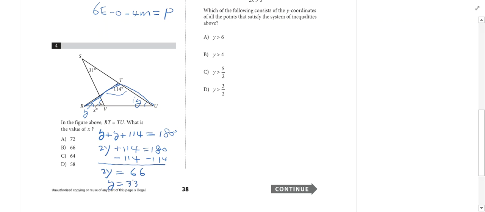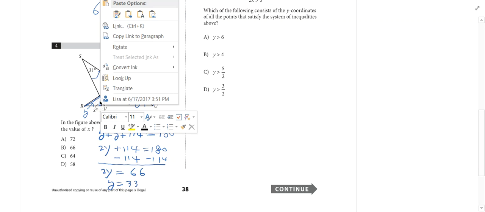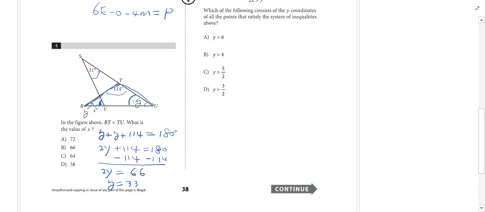33. Okay, after you got Y equals 33, you can see this is 33, this is 31, and this angle is x. X equals the exterior angle of the triangle. Of the triangle of what? The triangle SVU.